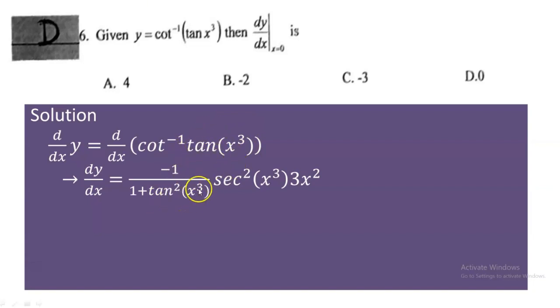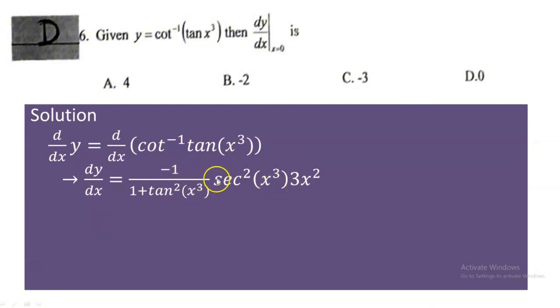So tan squared x cubed comes, and then we need to derive tan here, and we know that the derivative of tan is sec squared, and then sec squared x cubed follows, and finally the inner one, x cubed, must be derived, and when you derive this x cubed you do have 3x squared. So in general the derivative of y with respect to x makes this.